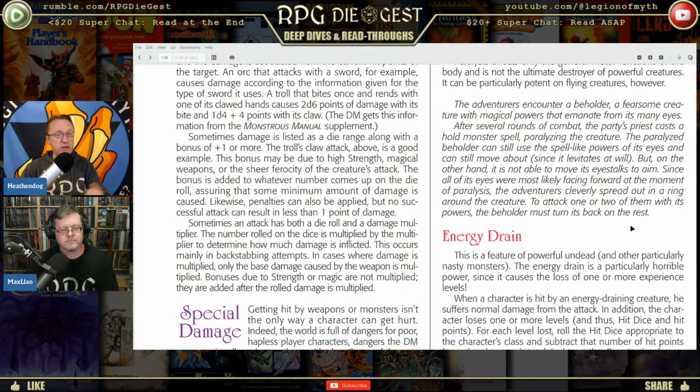Let's say he rolls a 4. You times that by 2. That's 8. Then you add in the magical bonus of the dagger. Boom. If it's a strength modifier, same thing. Double the dice, then add the modifier after the doubling. Not before the doubling, after the doubling.